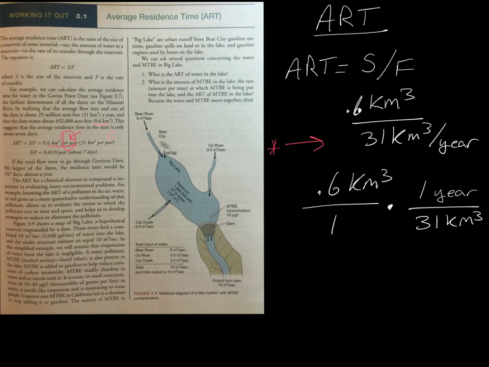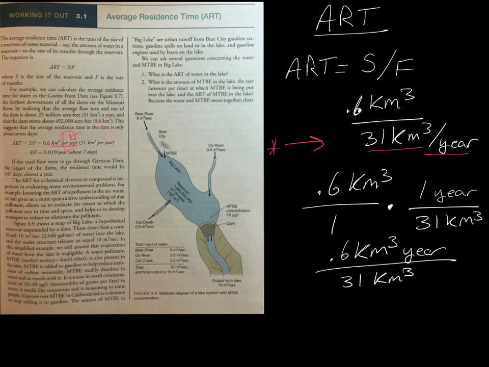I'm inverting this fraction, this 31 kilometers cubed per year, and I'm going to multiply by 1 year over 31 kilometers cubed. And when I multiply, it turns out to be 0.6 kilometers cubed year divided by 31 kilometers cubed.